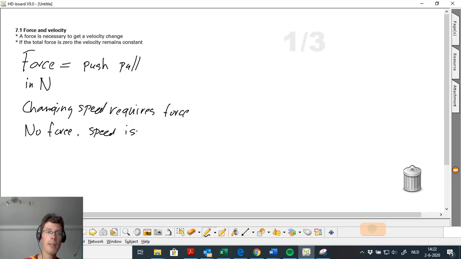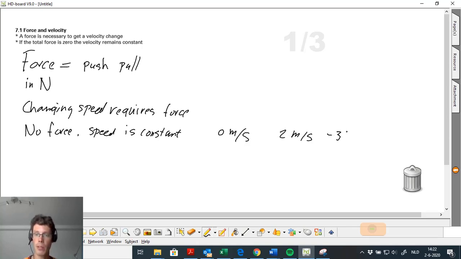And that can mean 0, because 0 meters per second is also a constant speed, just the speed of 0, but it could also be 2 meters per second or minus 3 meters per second. In this case, the minus simply means the car is moving to the left instead of to the right, which would be plus 2 meters per second. But it is still constant.